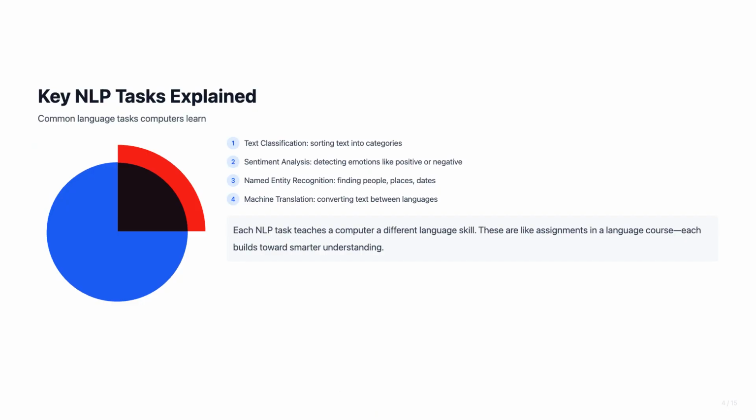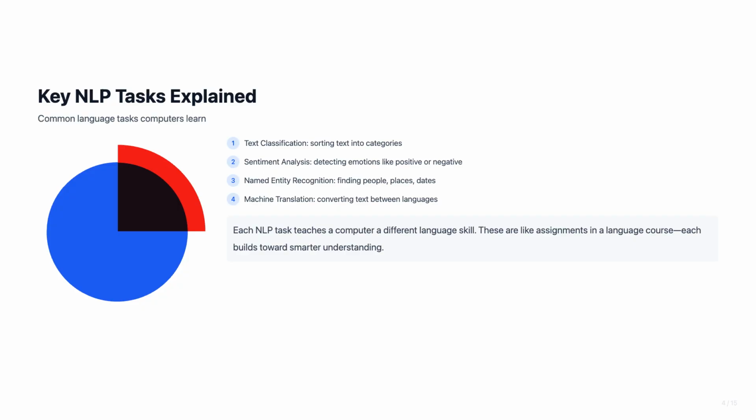Now, let's look at the main tasks in NLP. Imagine a computer learning language by doing homework. One task is text classification, sorting emails into feedback, complaint, or support. Another is sentiment analysis, figuring out if a tweet is happy, angry, or neutral.